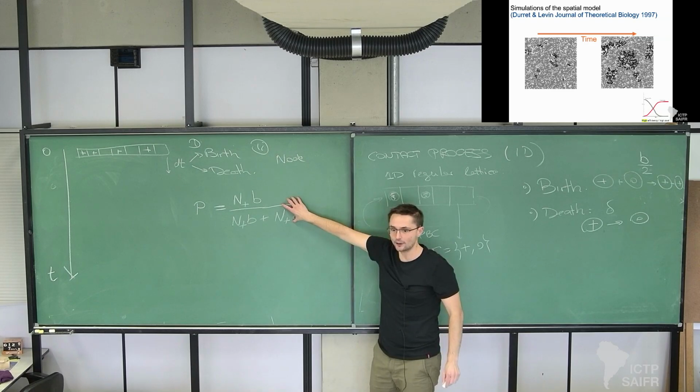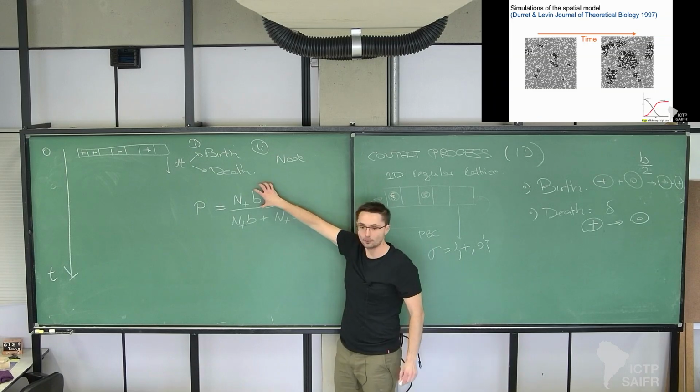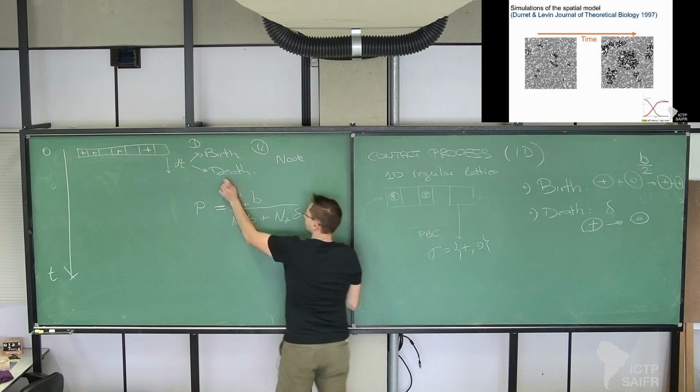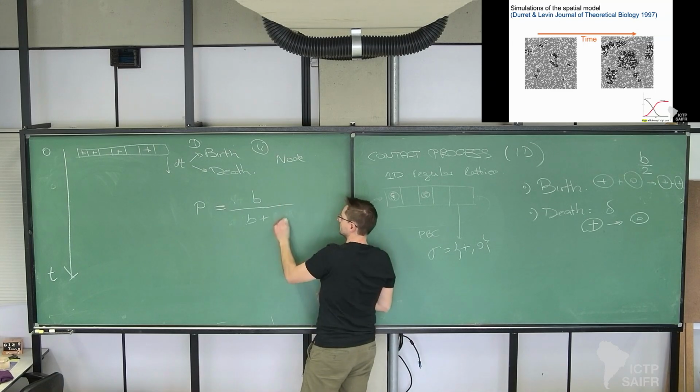And therefore, the probability that I have a birth is the relative rate of birth divided by the total rate. Of course, I can simplify this, and this is what I get.